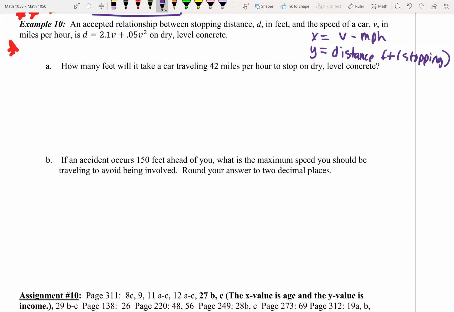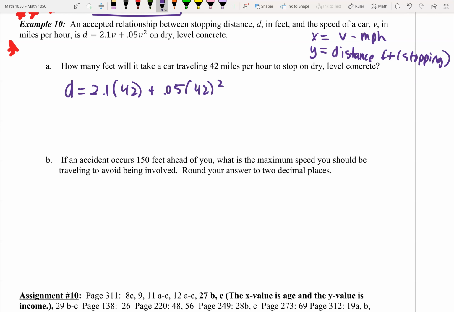Okay? Read the question. How many feet will it take a car traveling 42 miles per hour to stop on dry level concrete? Where do I put my 42? Do I put it in for d or do I put it in for v? V. Okay. So you go d equals 2.1 times 42 plus 0.05 times 42 squared.